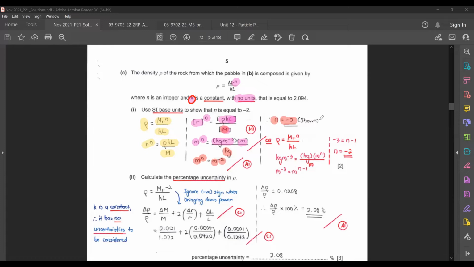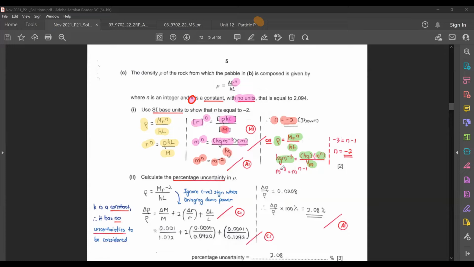All right. Now it's also perfectly fine to just leave things as it is, where you just say that rho is equals to mr power n divided by kl. You just straight away put the units in, you'll be getting the same answer. In your case, you'll be getting kg meter power -3 for density, mass is kg, unit of r power n is meter power n, unit of L is meter, unit of K don't need to consider.